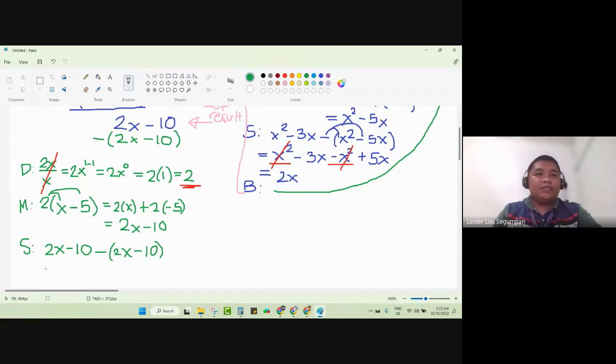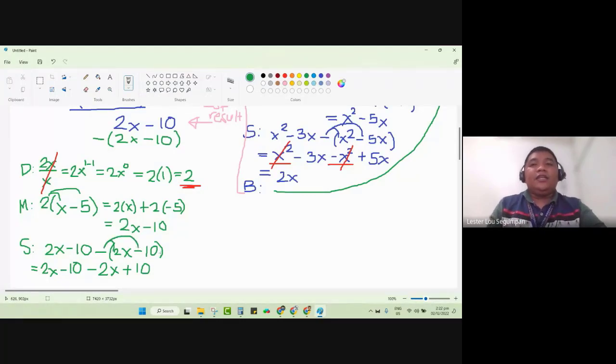You need to do this for checking. When you remove this grouping symbol, the signs inside will change. From positive 2x, you'll have negative 2x. And negative 10 will become positive 10. This is again the process of distributing the sign using multiplication. And hence you have that expression.